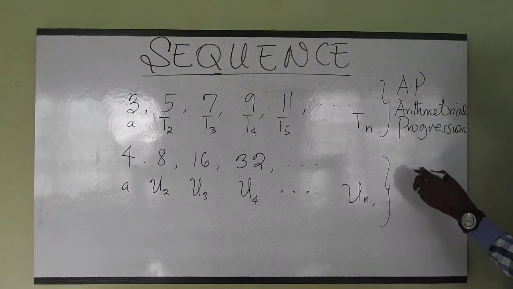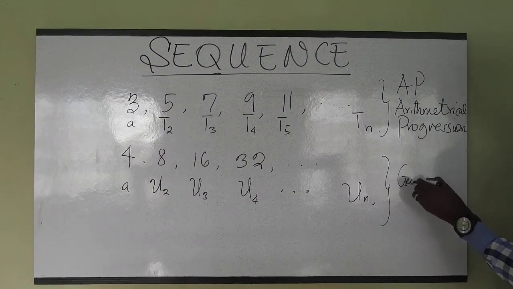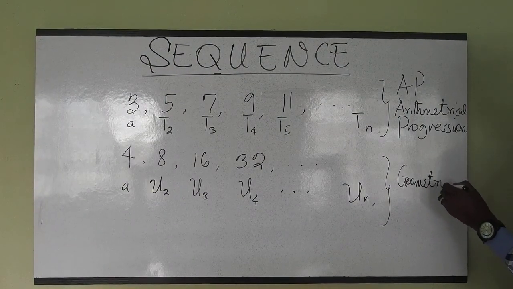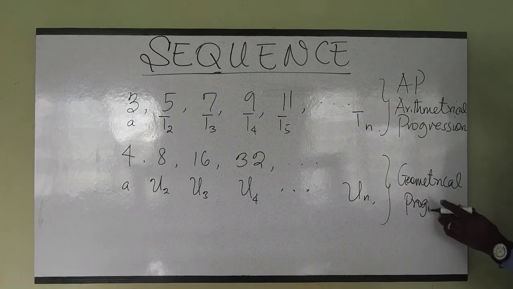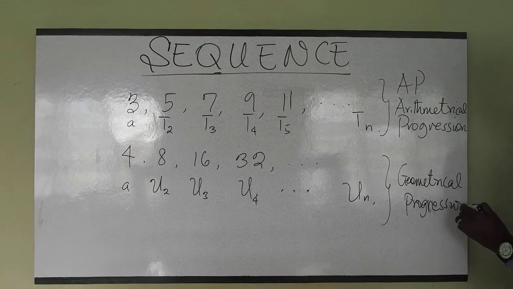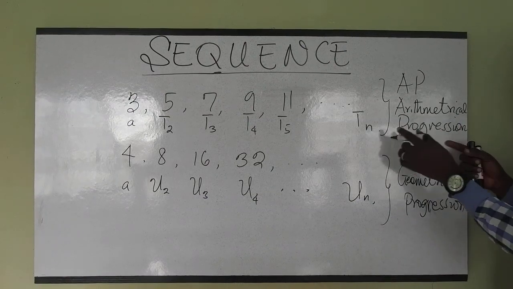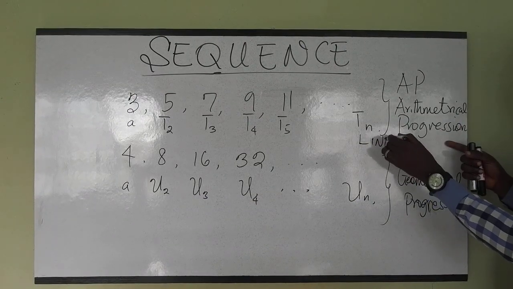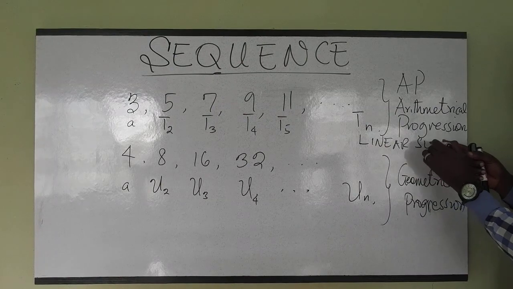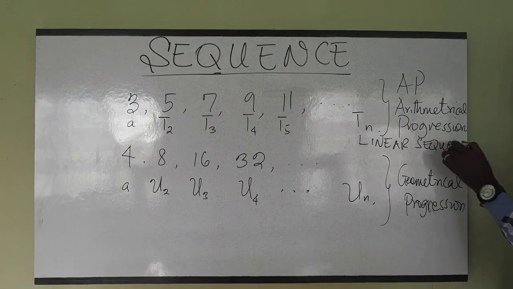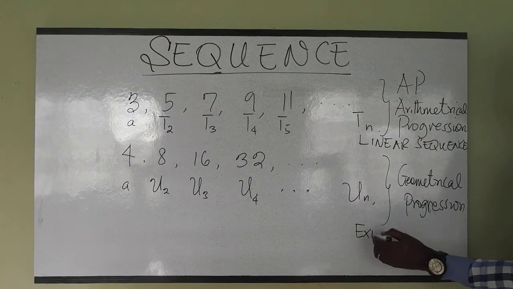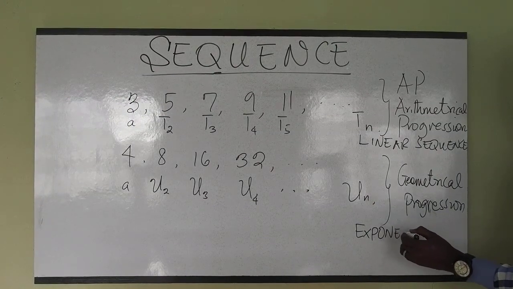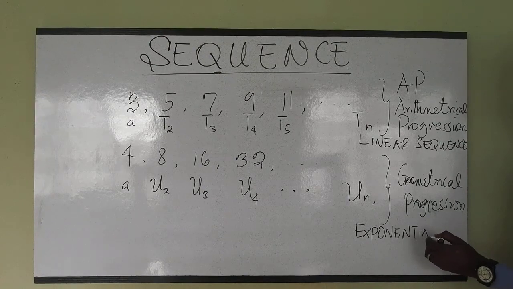This is referred to as the geometrical progression. Another name for the arithmetical progression is a linear sequence, and you can also call the geometrical progression an exponential sequence.